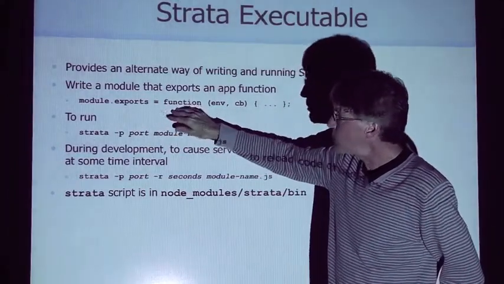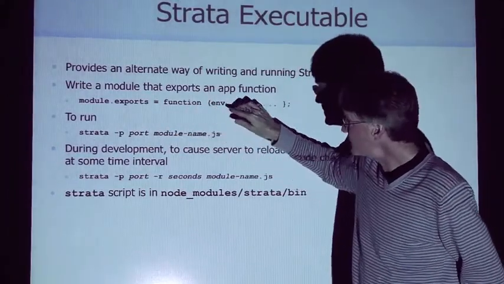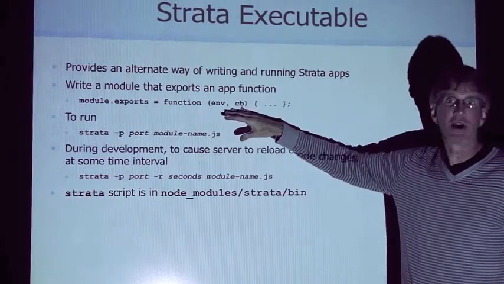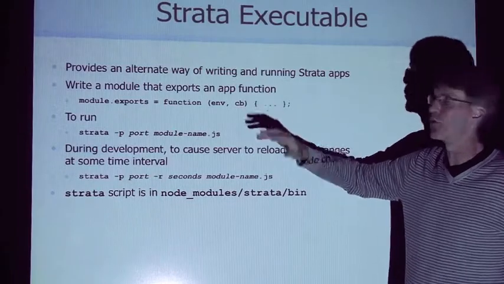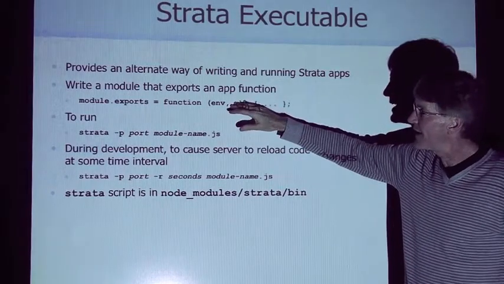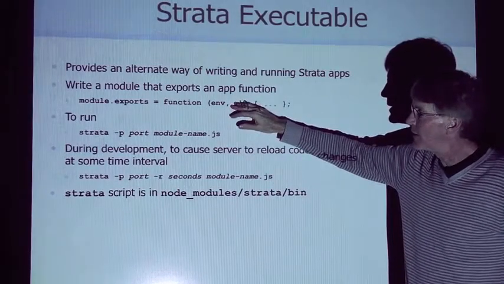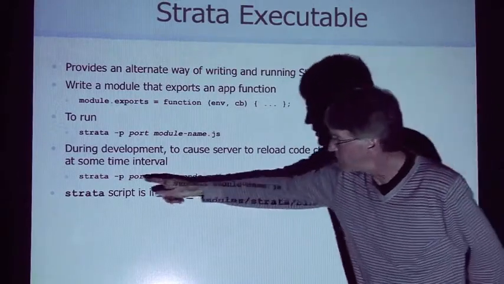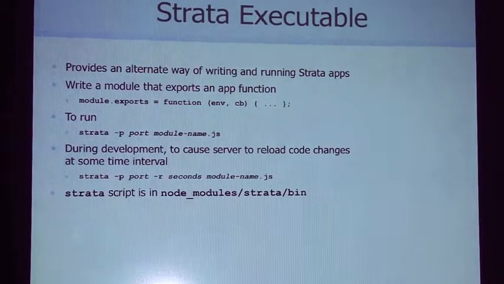It's going to export a single function that is the app function that you would have passed, say, to a route. So you write a little bit less code, but I haven't really seen much use for doing it this way. Of course, if you do, there's some other command line arguments that you can specify. So just an alternate way of running your Strata server.